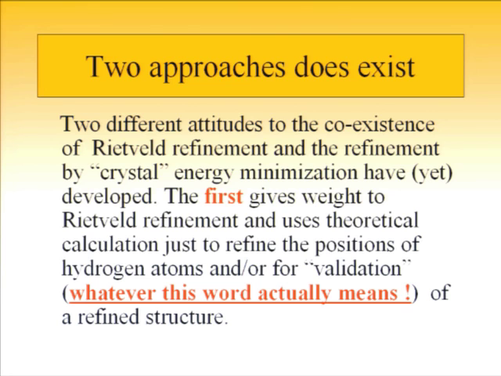But the first gives way to Rietveld refinement and uses theoretical calculation just to refine the position of hydrogen atoms or light atoms in general. And for validation of the refined structure, I would really appreciate it if someone could explain to me the word validation in this context, because I have never understood it. Sorry, maybe in the future. So this is the first approach.